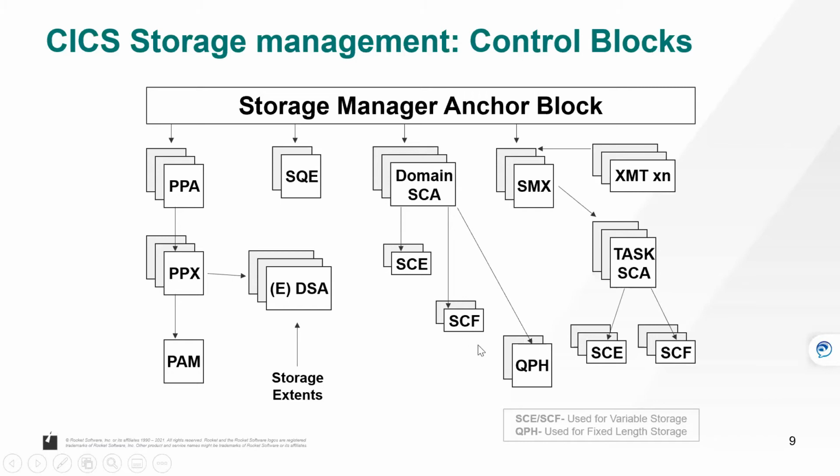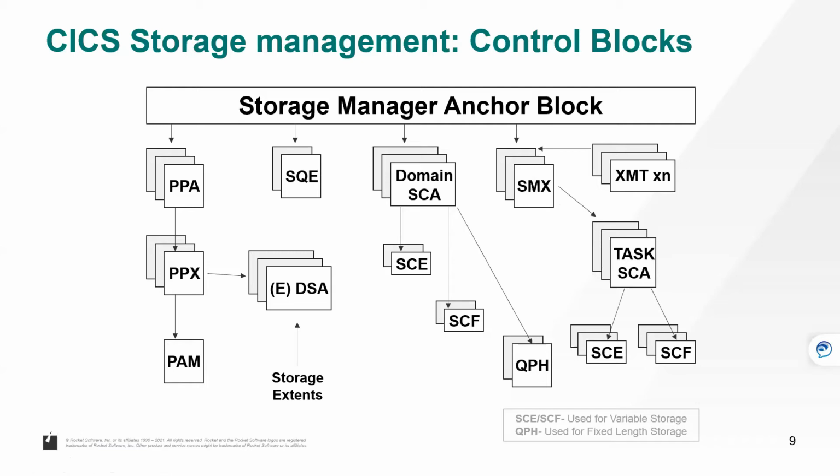Now, this is all really interesting, but at the end of the day, what we really care about is the right-hand side of this picture. The right-hand side of this picture deals with the individual tasks, the people that are running in the system. What we're showing you here is that off the storage manager anchor, every person in the system will have a control block known as a SMX, storage manager transaction.